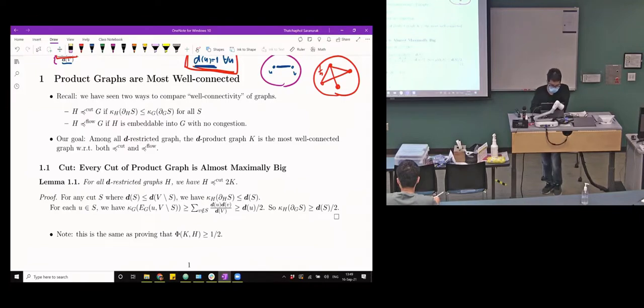What I want to say is that among all graphs that are D-restricted, where the degree respects this function D, the D product graph is the most well-connected one with respect to both cut and flow.